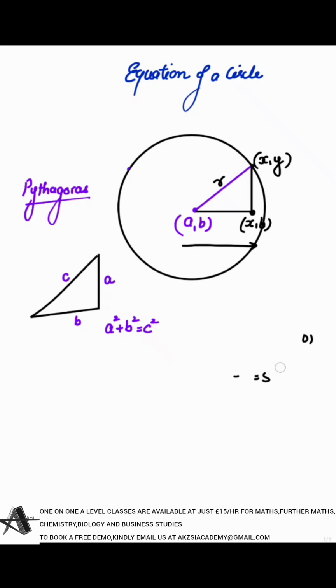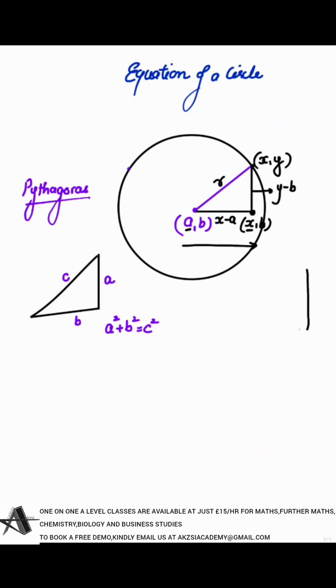Similarly, if I want to know the horizontal component of the distance, I would say x minus a. So x minus a is the distance here. And similarly, when you're moving upwards, the x-coordinate is the same, so this distance will be given by y minus b.